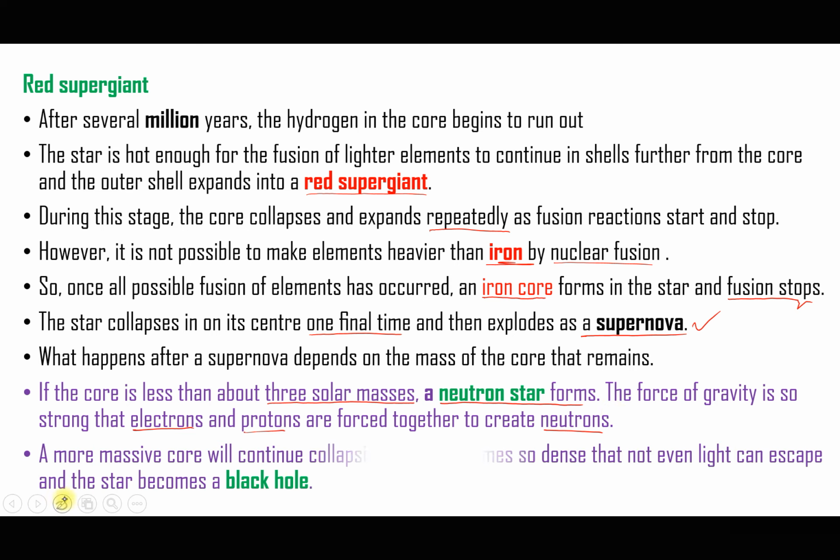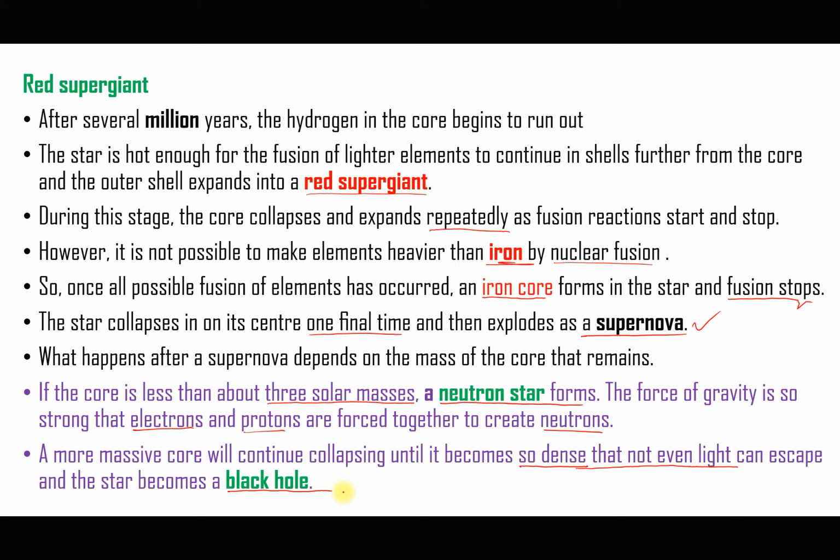However, if the core is extremely massive, a more massive core will continue collapsing until it becomes so dense that not even light can escape. Its gravity is going to be extremely high. Therefore, it becomes what we call a black hole.